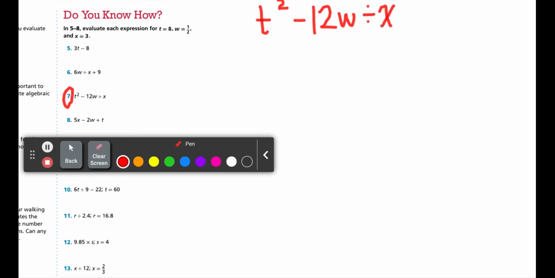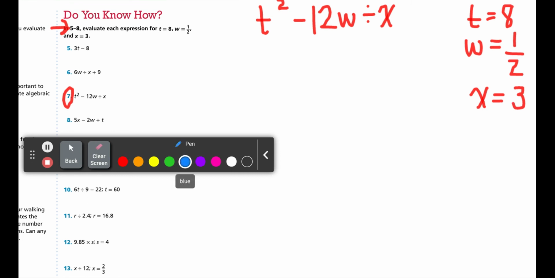They tell us in the directions to evaluate each expression for when t equals 8, w equals 1/2, and x equals 3. I'm just rewriting this information because now I don't have to keep looking back in my workbook. Now I have all the information I need in my notebook.